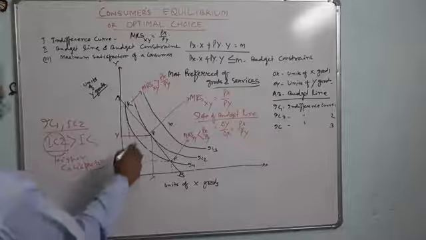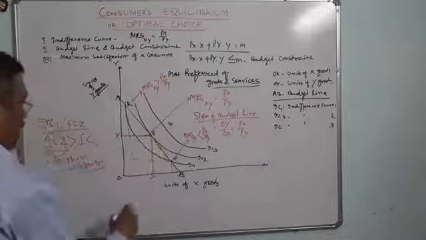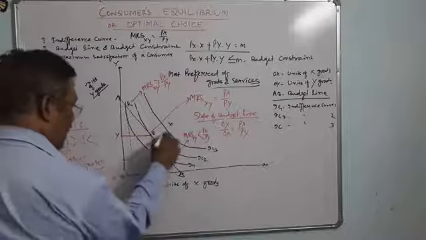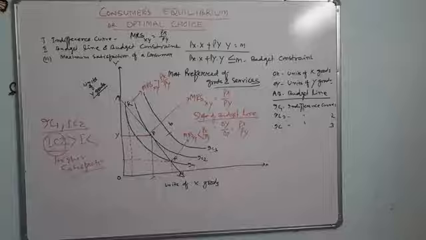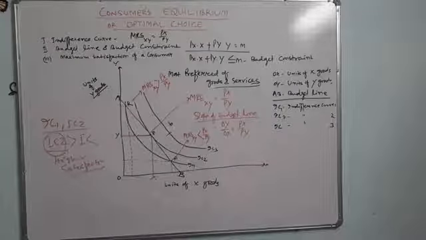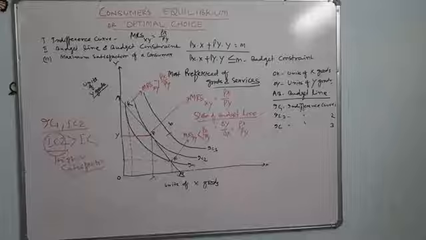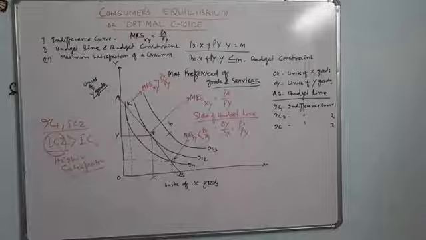The optimum point is E, which lies on the budget line. But a higher indifference curve will not be preferred because it is not on the budget line. So this is the analysis when points to the right of E are desirable but not attainable.